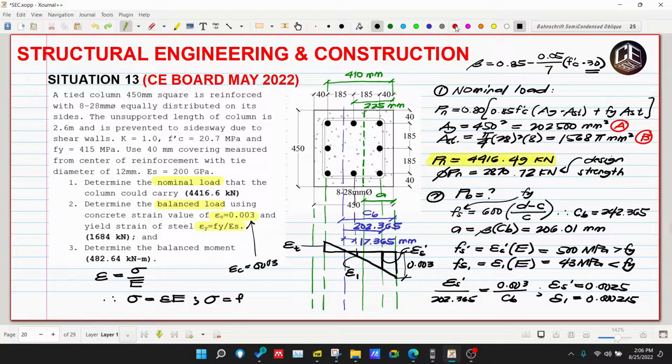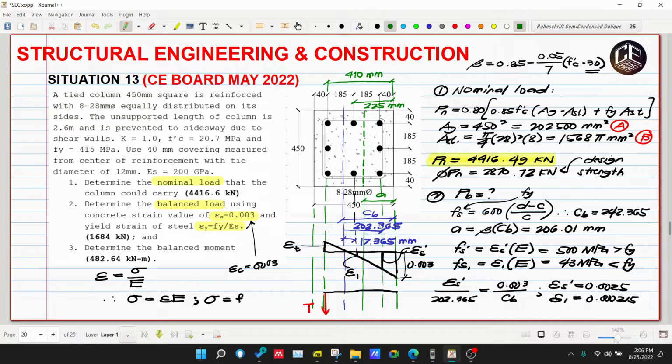So ngayon, nasan yung mga loadings na yan? So meron tayo rito para sa tensile, sa tension fiber. Let's say this is T. Tapos meron tayong strength for the concrete mula doon sa compression block.